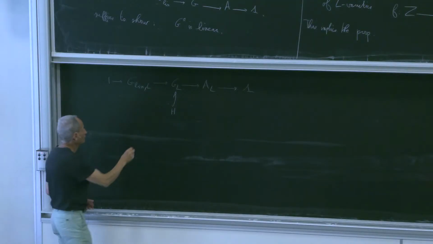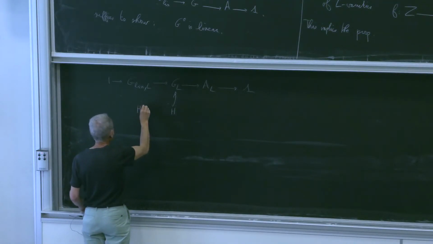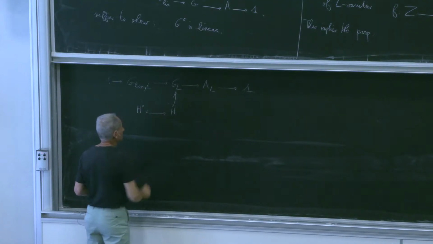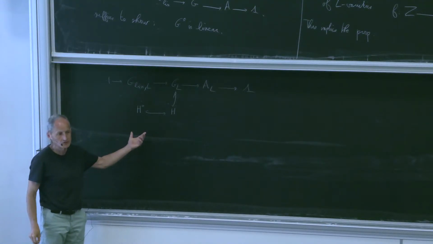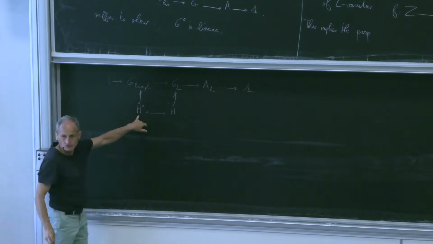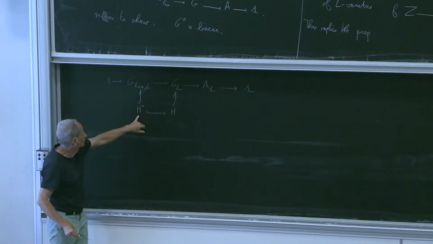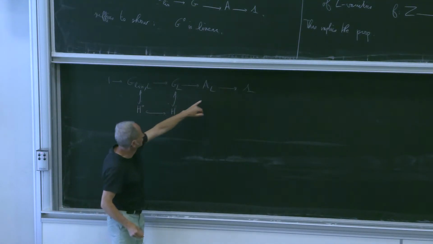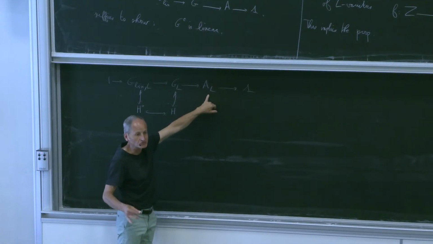And now there is this neutral component, H naught, which is a connected linear algebraic group. And I claim this H naught is here. And the proof is instant because if you send it to AL, it doesn't survive because it's connected, affine, and an abelian variety.